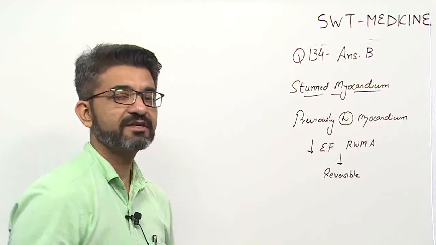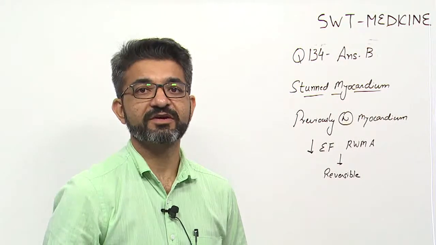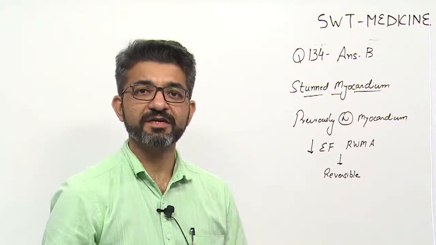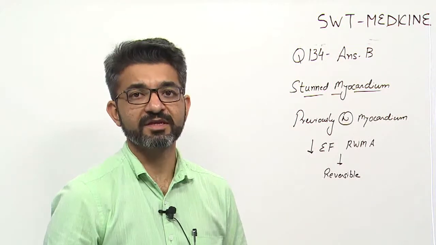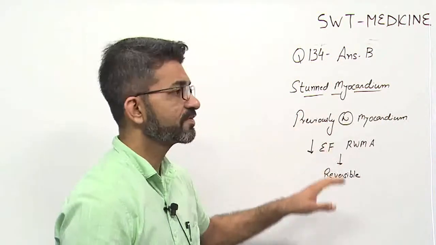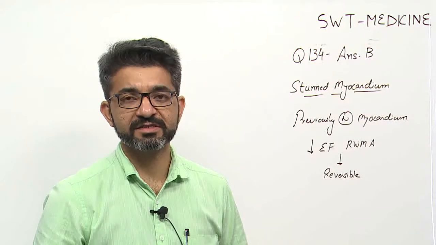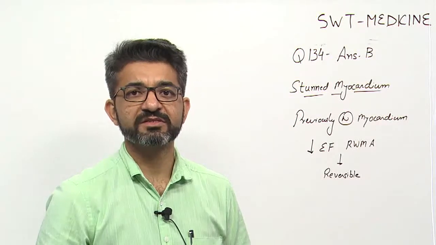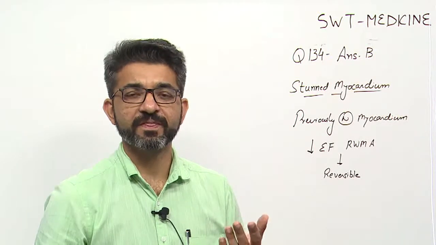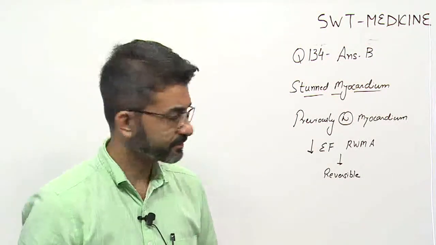Usually, stunned myocardium occurs in patients having septic process. The myocardium is stunned and it recovers with the conventional supportive therapy, but it does denote that there is some sort of underlying coronary artery disease which is causing some sort of reversible ischemic changes in the myocardium, and because of the septic insult you have this stunned myocardium.